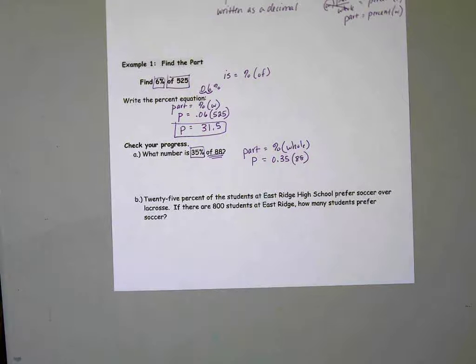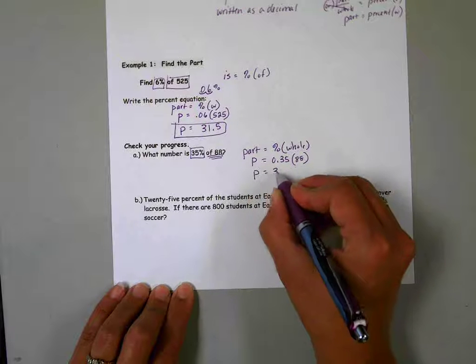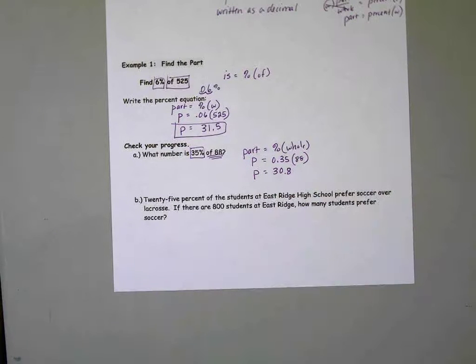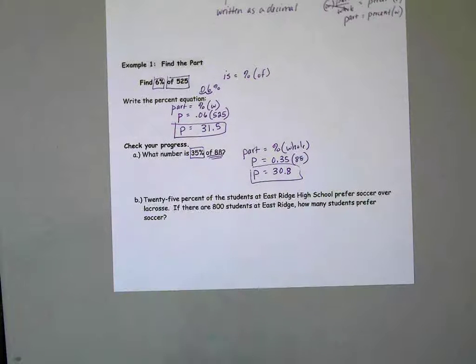So 88 times 35 hundredths is 30.8. So 35% of 88 is 30 and 8/10.